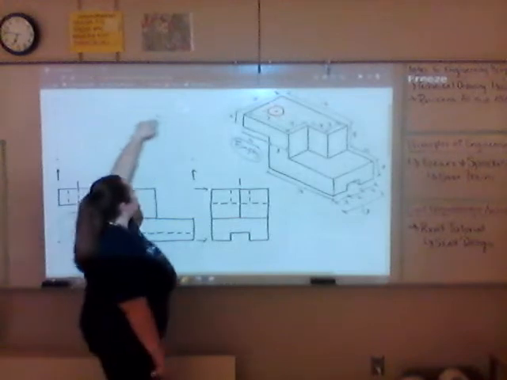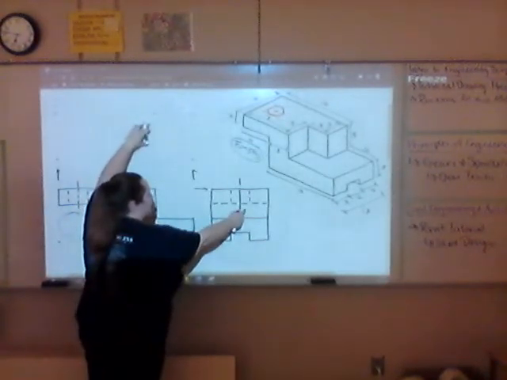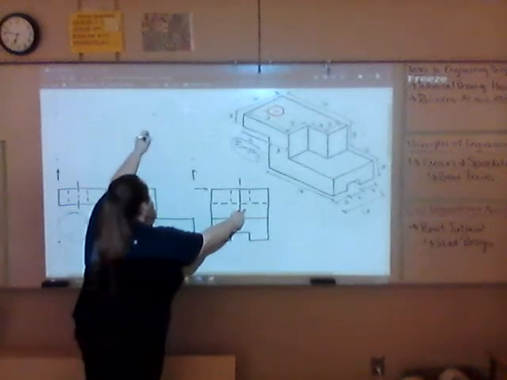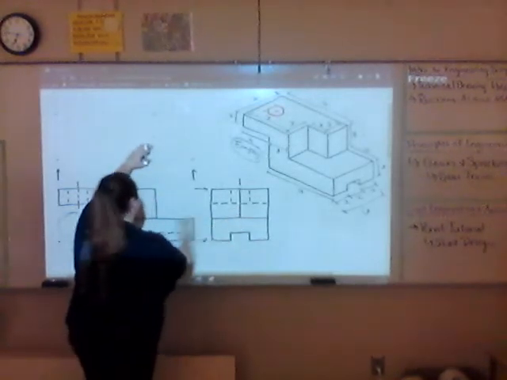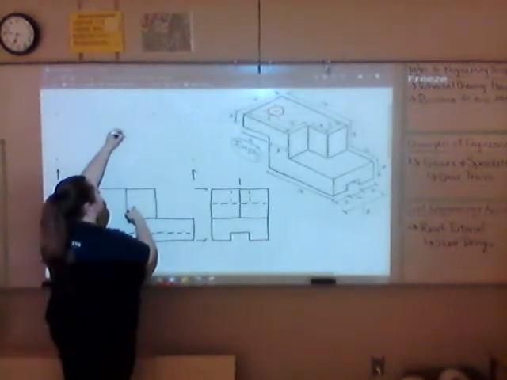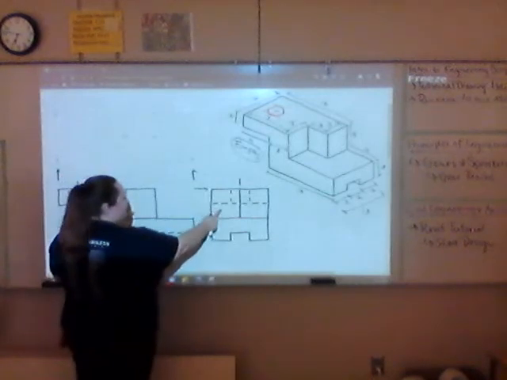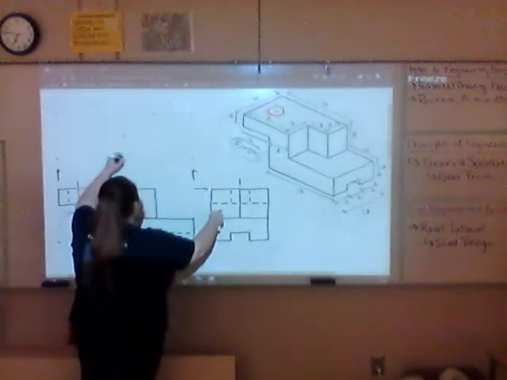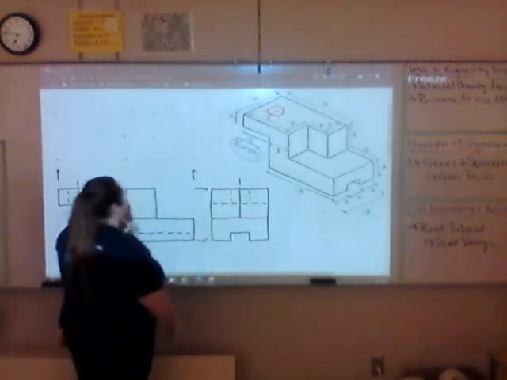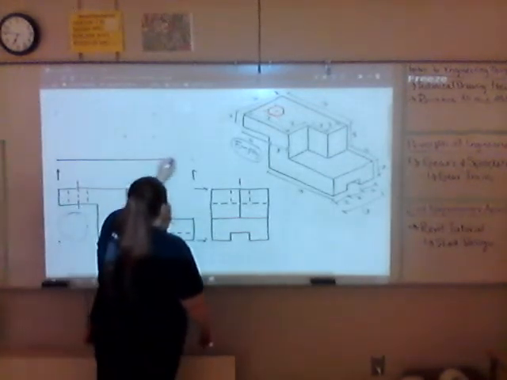I know I have to come over 4 to meet this edge right here, and then I know that that rectangle is 3 wide, which comes forward 3, okay? Then it's 3 wide here again, so I'm going to count to the left 3 to define that inner corner, and then this rectangle is 3 again, so I'm going to come down 3 to meet the front edge of the part, okay? So that's going to cover all of our object lines for right now.